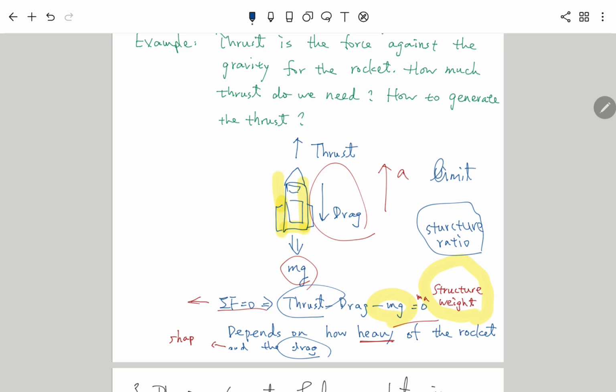The drag is dependent on the shape of the rocket, especially the nose cone, and of course the fins provide a part of the drag as well. So these are the system engineering, because if you choose a different kind of nose cone, it will generate a different kind of drag, even a little bit of lift.